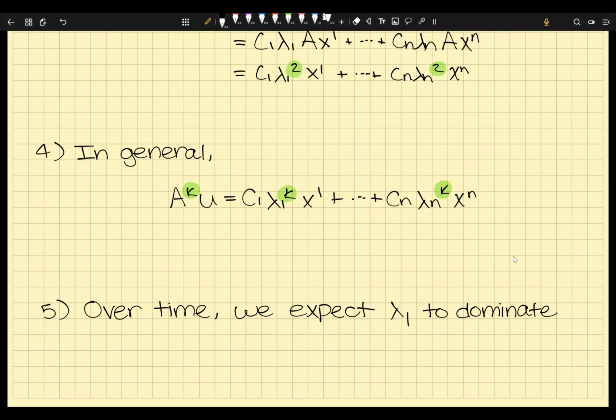Lambda n will get really large, and it will eclipse all of these other guys. So then what we expect is that A to the k times u is approximately cn lambda n to the k xn, and then plus some smaller stuff. So lambda n, because it's the largest eigenvalue, you raise it to the power of k, and it's going to eclipse all of the small stuff, and so this is roughly equal.